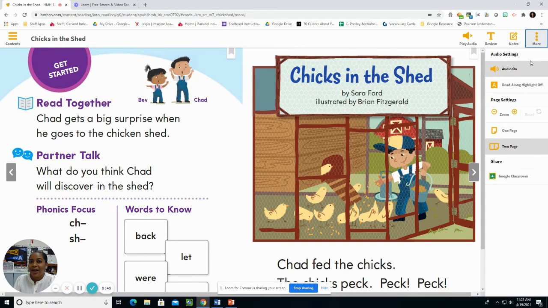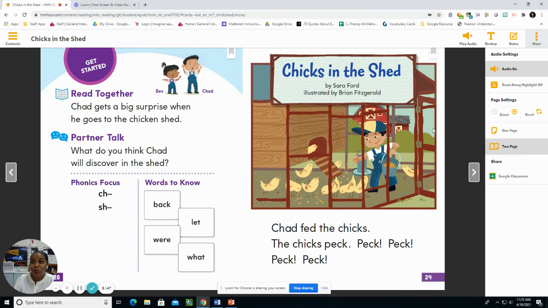All right, we are going to read the story Chicks in the Shed by Sarah Ford, illustrated by Brian Fitzgerald. Get started. Read together. Chad gets a big surprise when he goes to the chicken shed. Here's Bev, and here's Chad. What do you think Chad will discover in the shed?